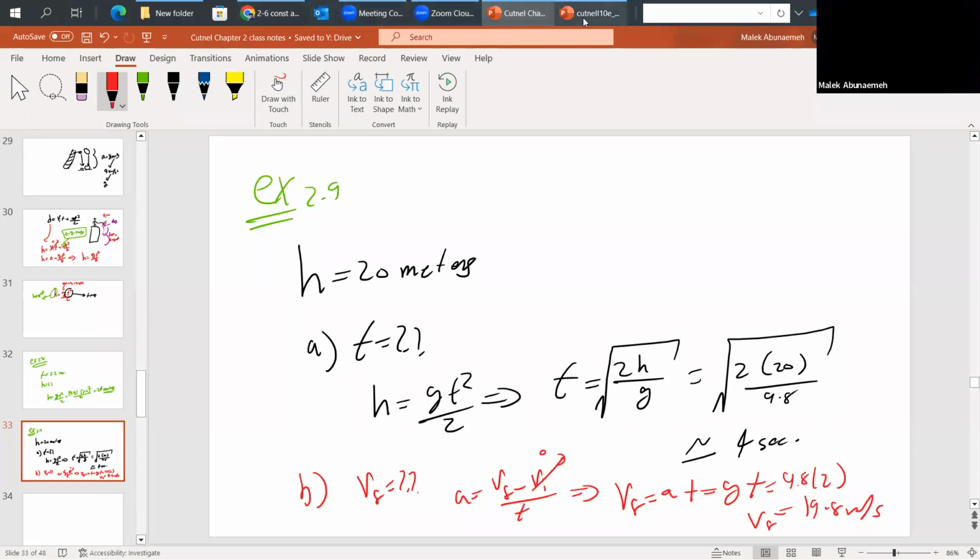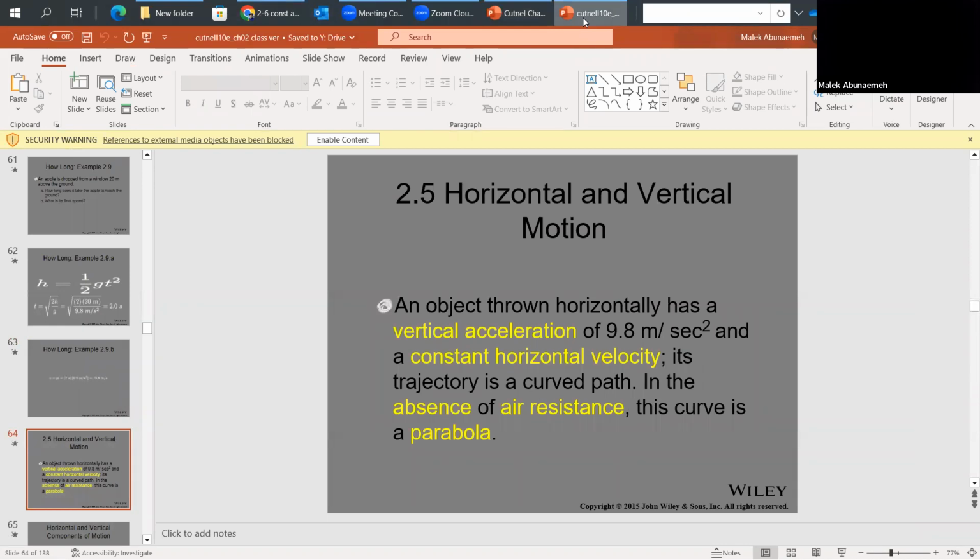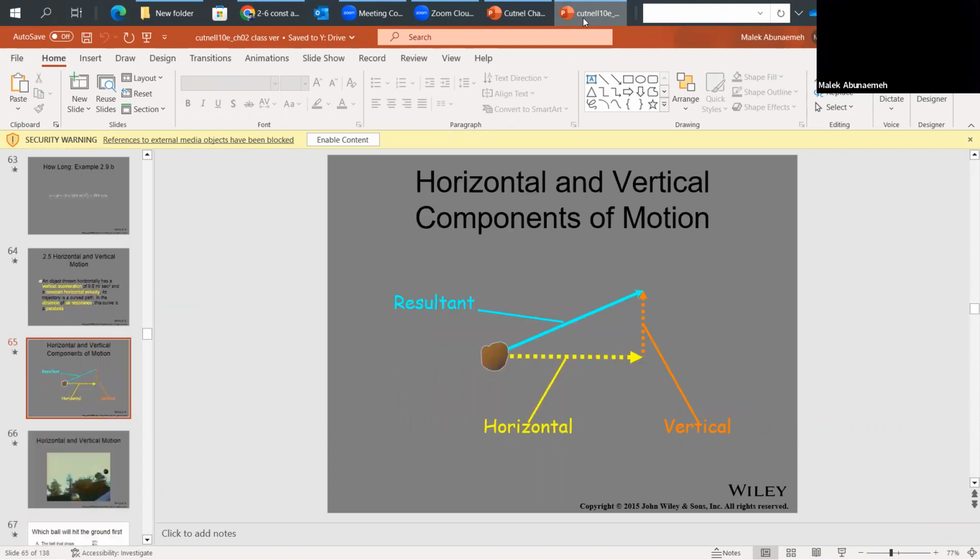Wonderful. Now, an object thrown horizontally has a vertical acceleration of 9.8 meters per second squared and a constant horizontal velocity. Its trajectory is a curved path. In the absence of resistance, the curve is a parabola. So when you're throwing an object, again, we talked about this, the resultant of that object comes from your horizontal and your vertical, your x and y components.